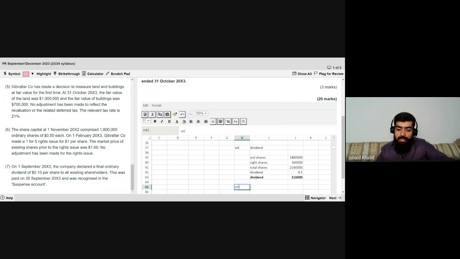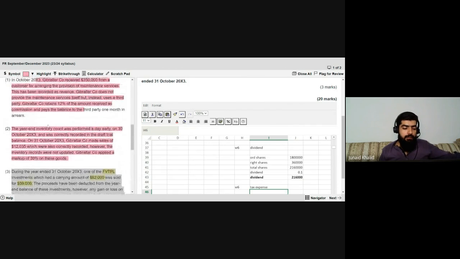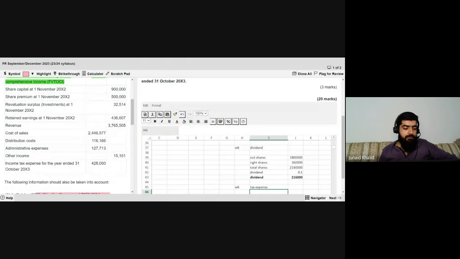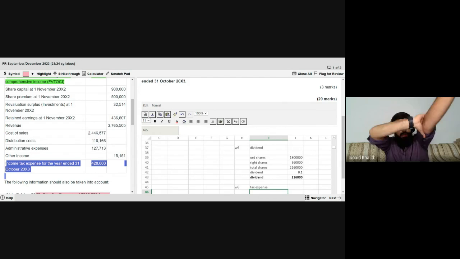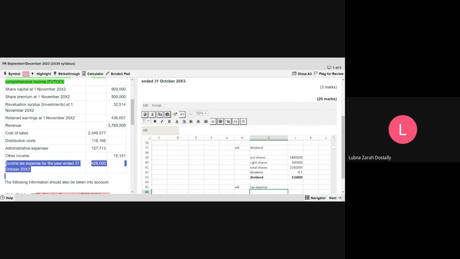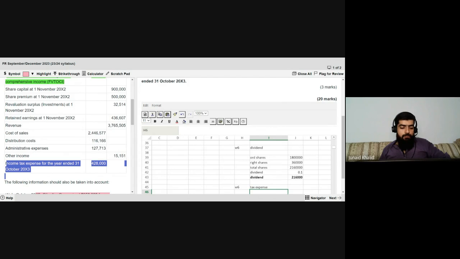So working seven, we are going to calculate the tax expense. First of all, if we just look at the trial balance, there is income tax for the year ended 31st December 2003.